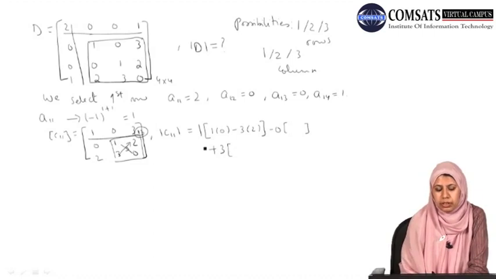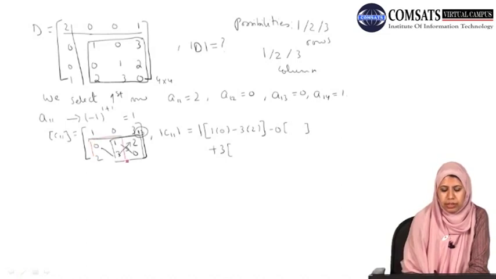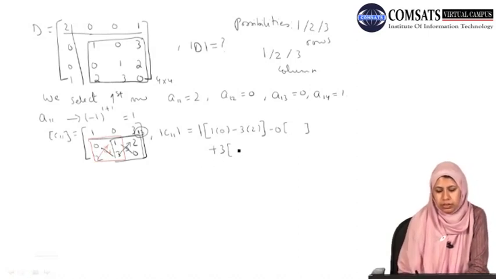Ignoring the first row and the third column, we are left with this submatrix, that is 0 into 3 minus 2 into 1. 1 stays as it is, minus 6 minus 0 plus 3 into minus 2, and simplifying we obtain minus 6, which is minus 12.